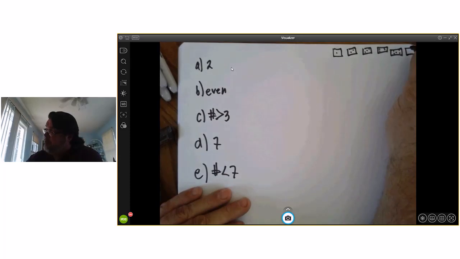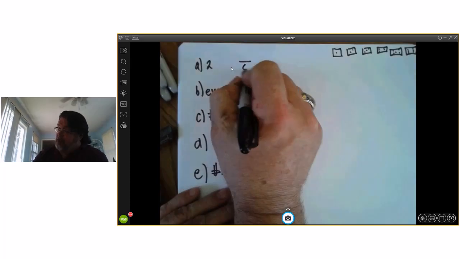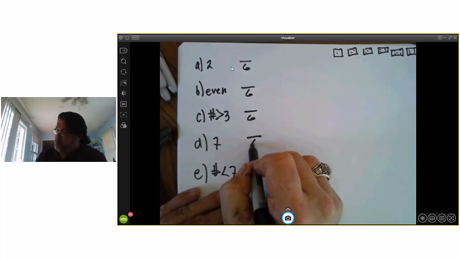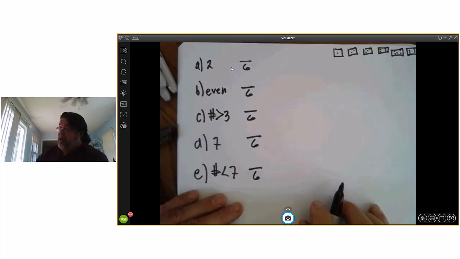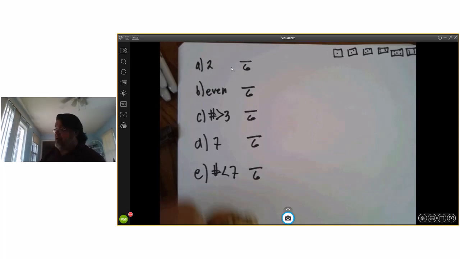A 6. So how many sides does a die have? 6 sides. 6 is your denominator. And how many 2s do we have? 1. I'm going to do these in different colors.